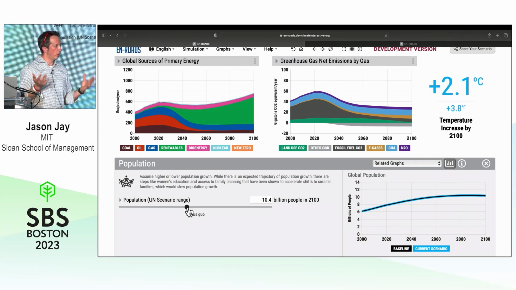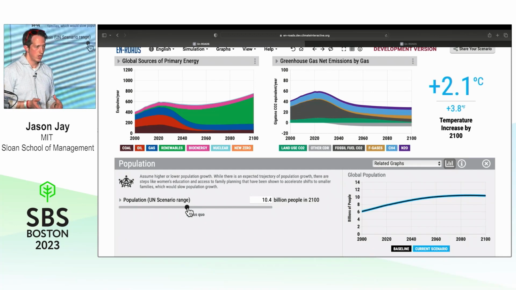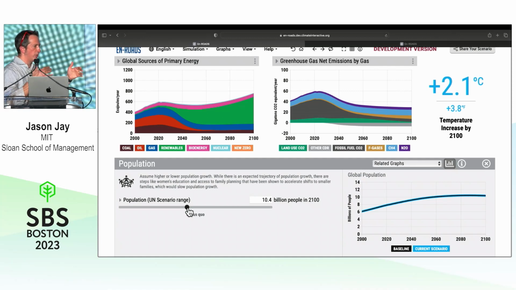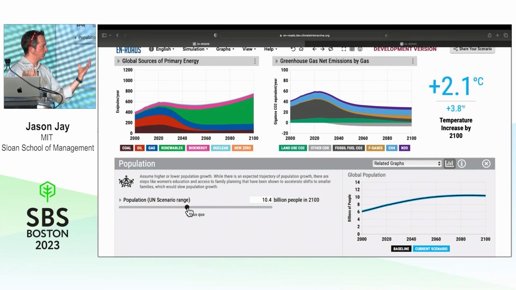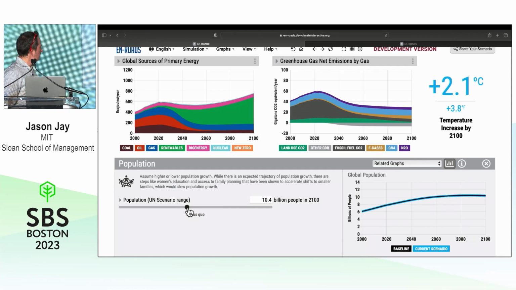Turns out one of the most important levers is education and economic empowerment for girls and women. In emerging markets, particularly when you have more opportunities to create value outside the home, when you're getting longer education, family sizes tend to get smaller. That's largely what's happened in the developed world.